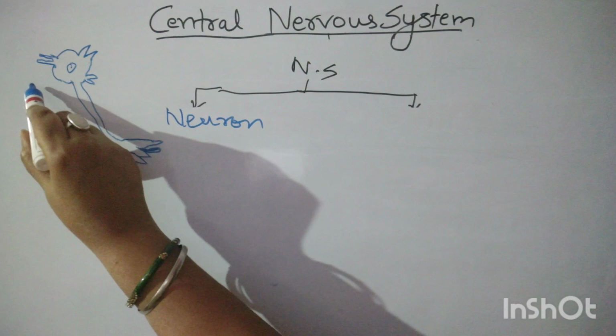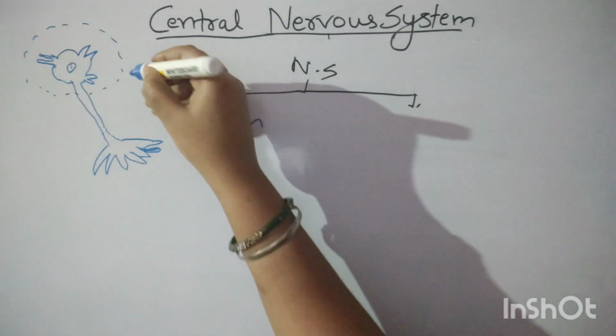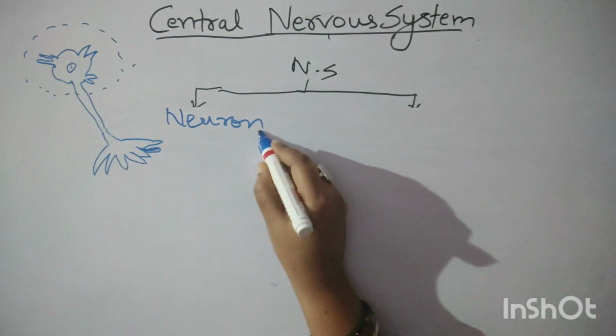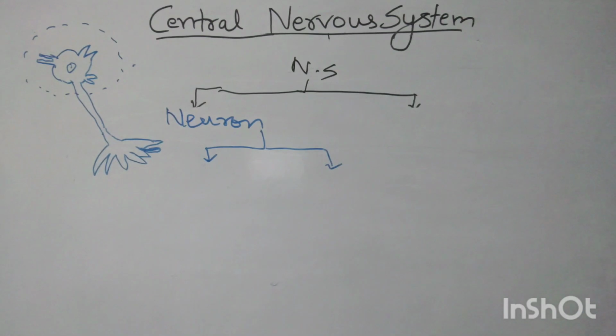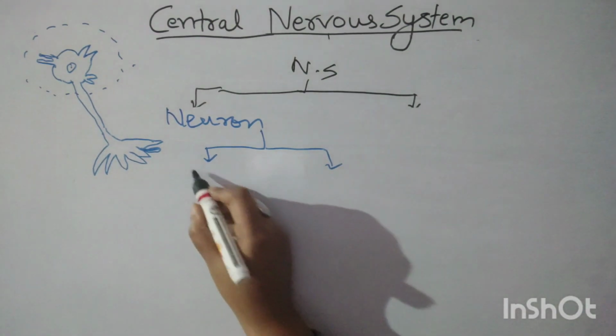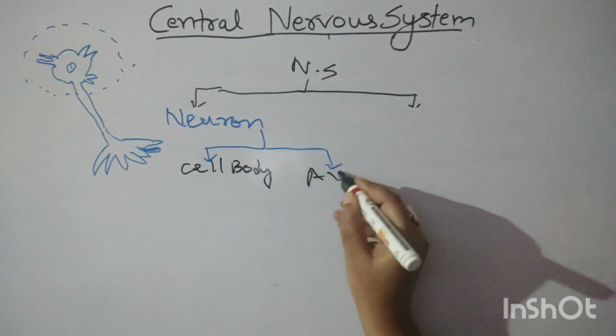So this upper part is called the cell body. Neuron is divided into two parts, cell body and axon.